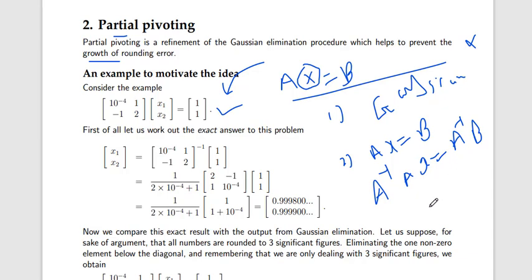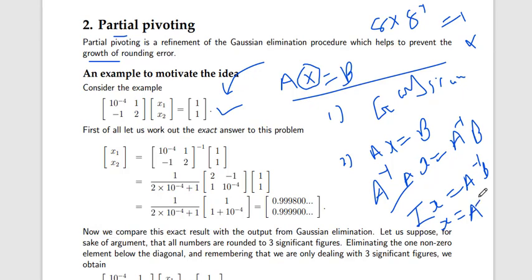Okay. So here A inverse into A means the identity matrix. Okay, if a number is multiplied by its inverse we get 1, but here it is a matrix, so we get the identity matrix. Identity matrix into x is equal to A inverse b. Okay, so multiplying with the identity matrix leaves x the same, so x is equal to A inverse b. So this is the second method. We can also solve the equation by this method.